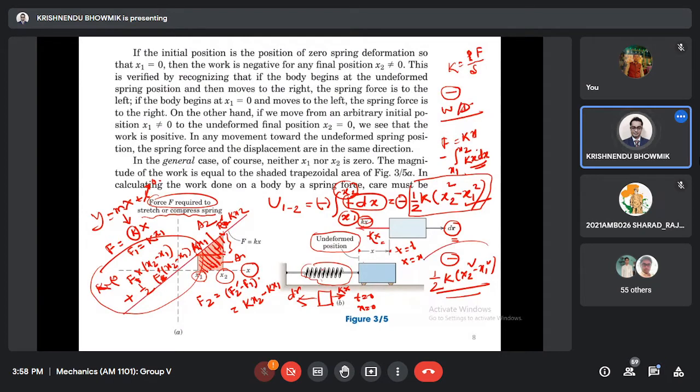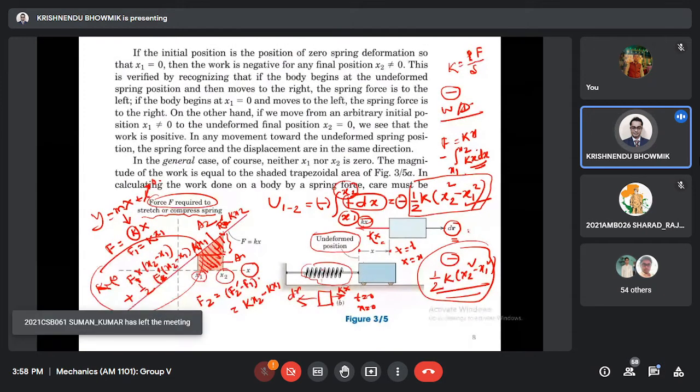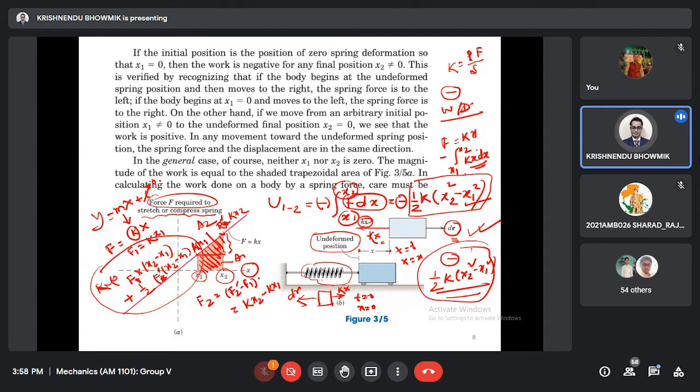You will get this relationship. Whatever way you want, you can show. I believe this is well known and you can utilize this. But this has come from the integration. This relationship is known to you since maybe 8th or 9th standard, but that work done has come from the integration.